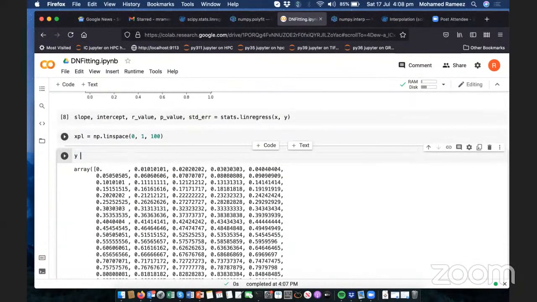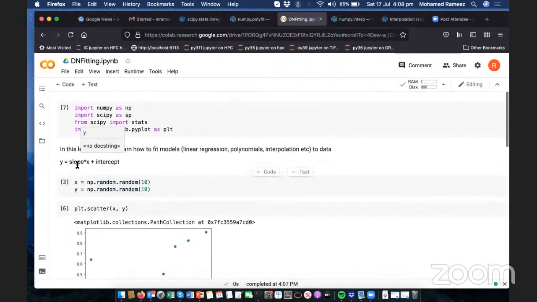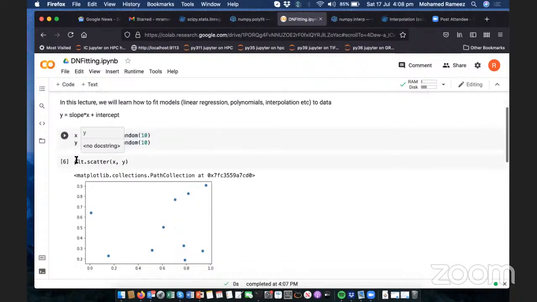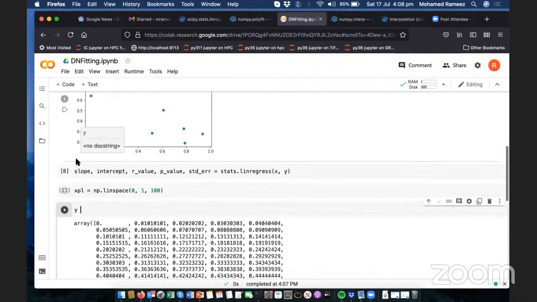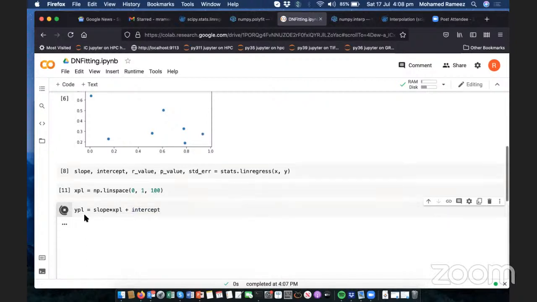Now, because I told you this is the shape of the line, y equals slope star x plus intercept, I'm going to do ypl equals slope star xpl plus intercept. These are arbitrary names I'm picking just to plot. I'm calculating this for the array.